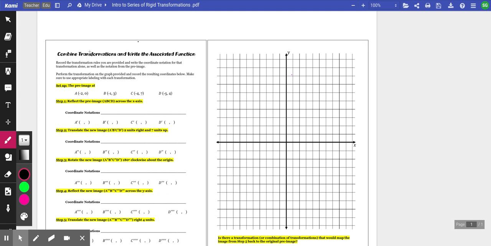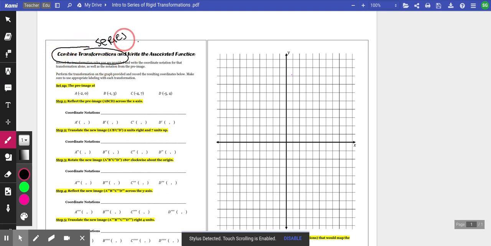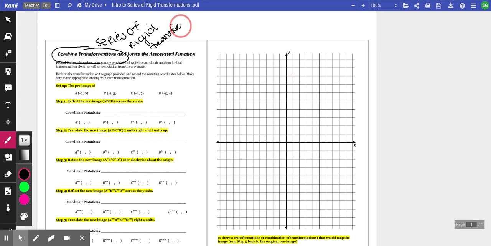So in this lesson, after we spent a lot of time with rigid transformations, we're going to be combining transformations, which is better known as a series of rigid transformations. So what that means is we're taking what we know about translations, rotations, and reflections, right?